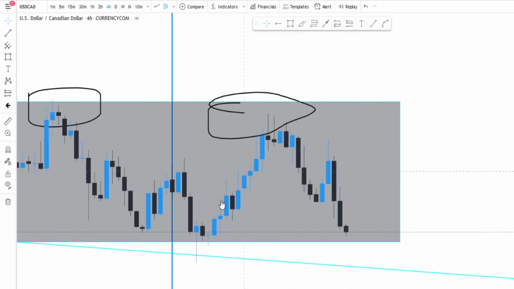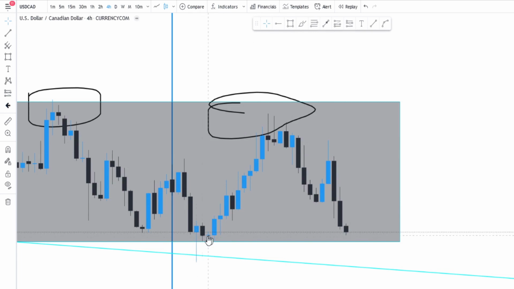We can see here the structure respected a downtrend bias. So we got here our high, a low, a break, a low, a high, and now this structure wasn't broken yet.